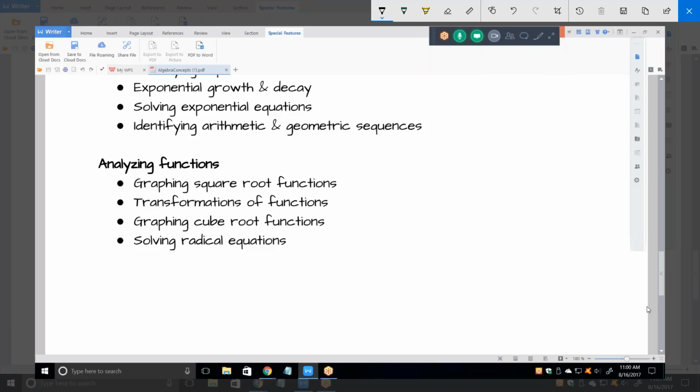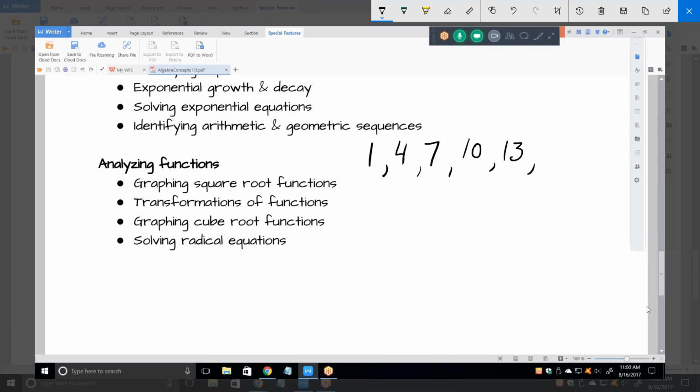Identifying arithmetic and geometric sequences. Have you ever done any of these? Probably not. Not that I remember, no. Okay, they're pretty straightforward. Let me give you an arithmetic sequence, and you can tell me why it's arithmetic.